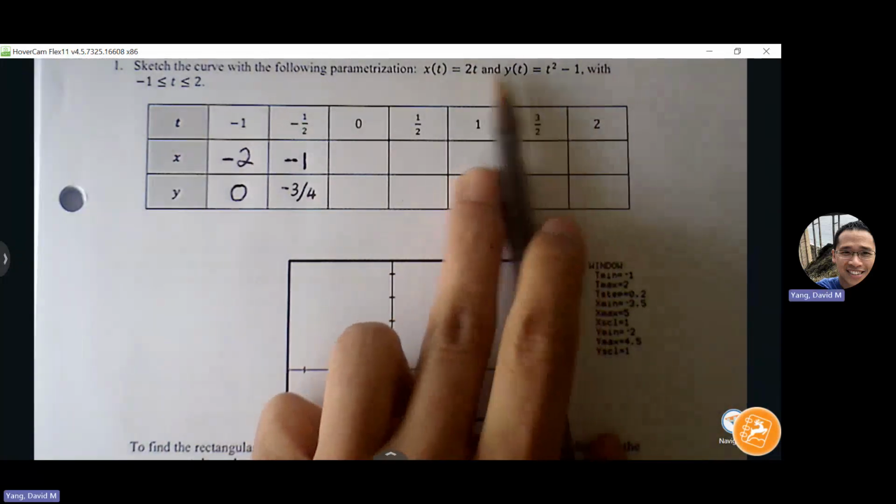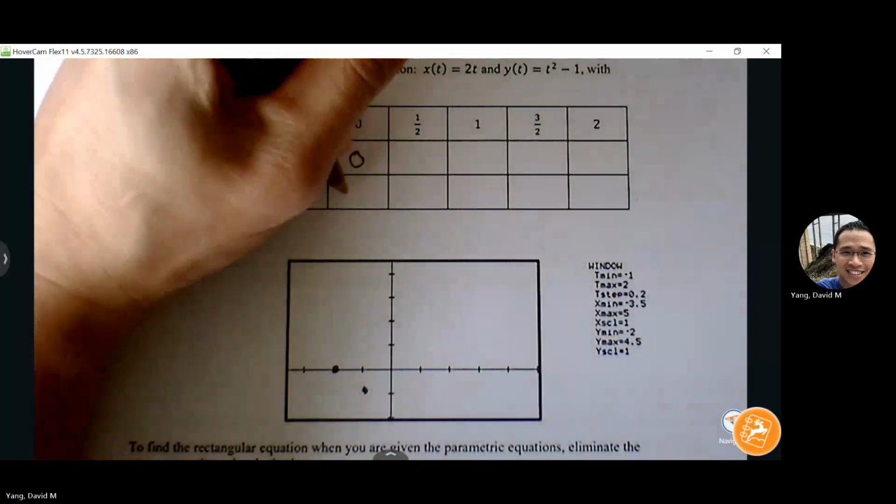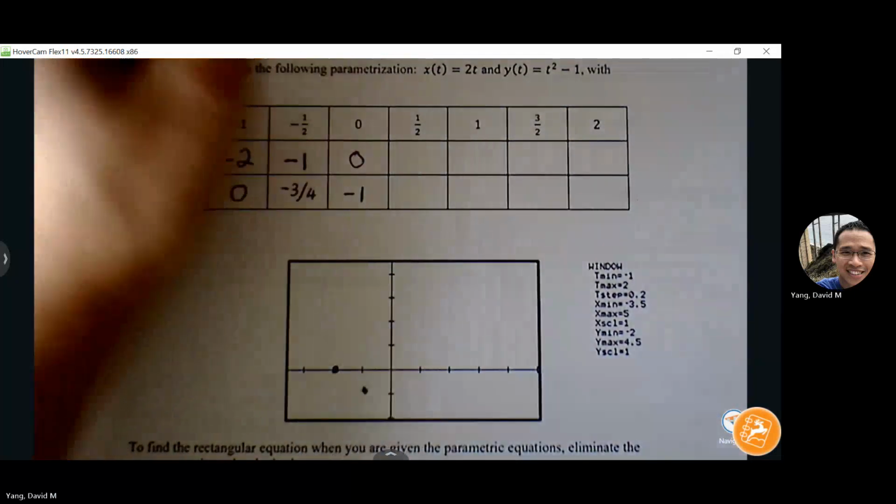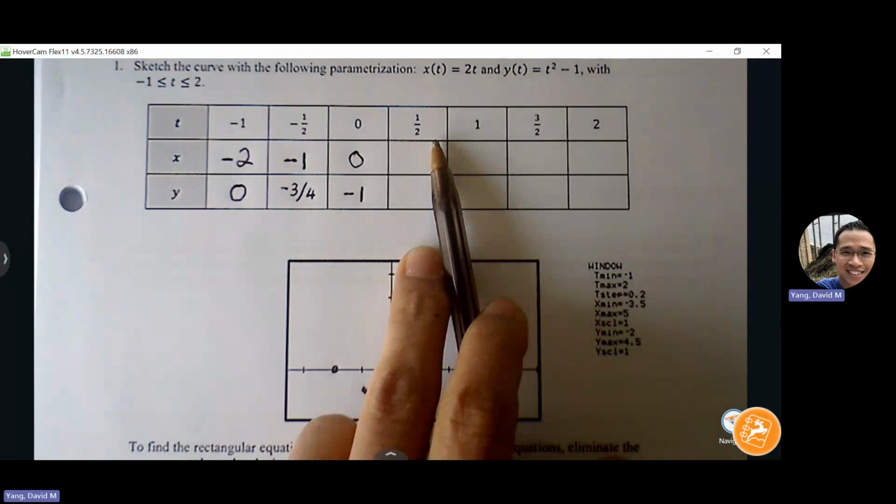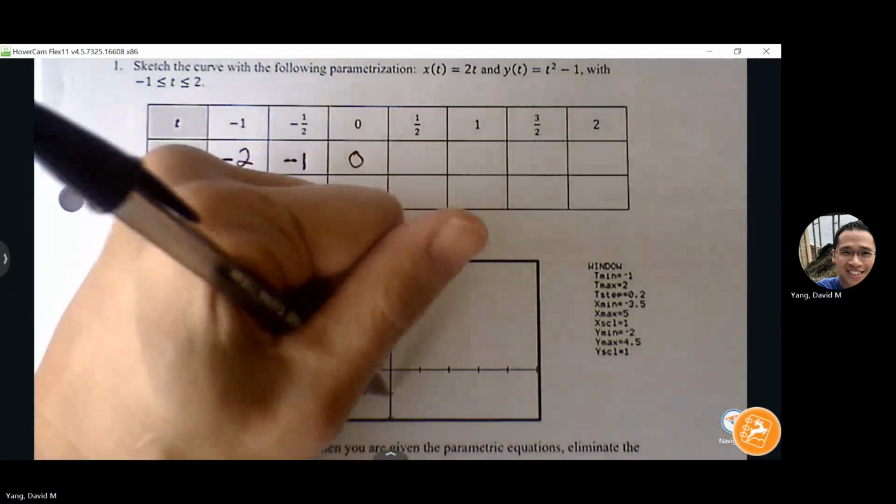Plug 0 in for t. Okay, plug 1/2 in for t. Oh, sorry, 0 negative.